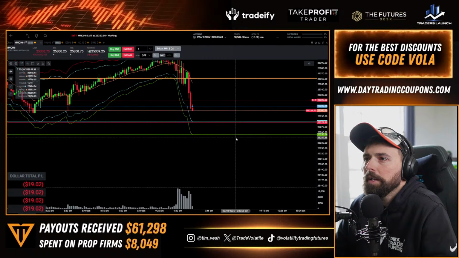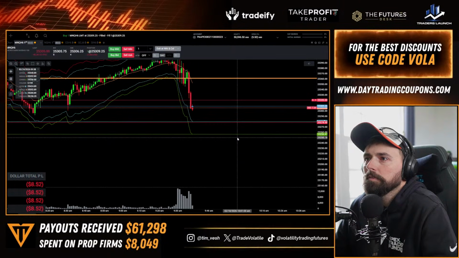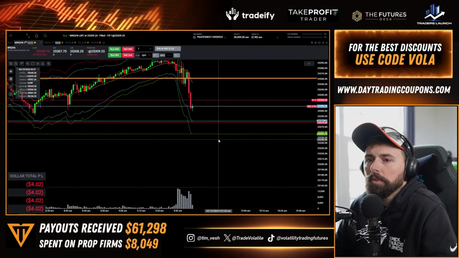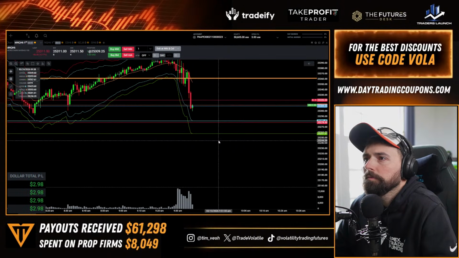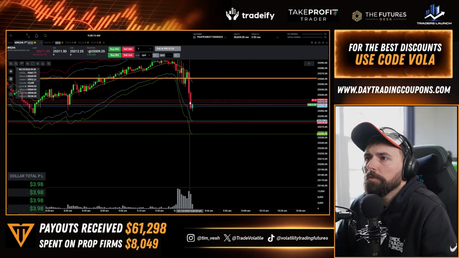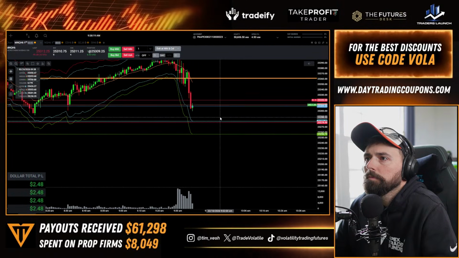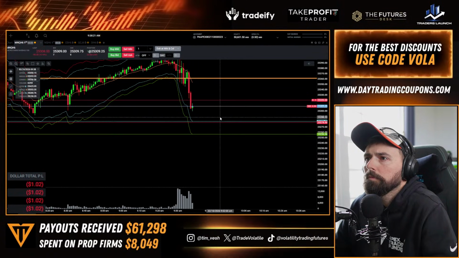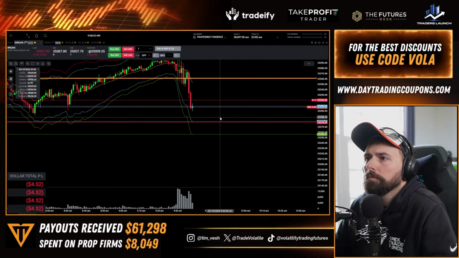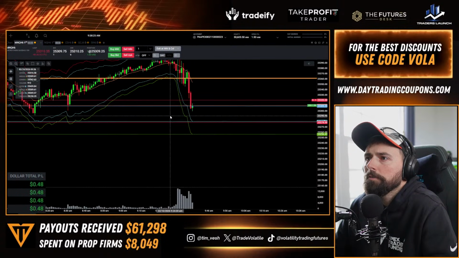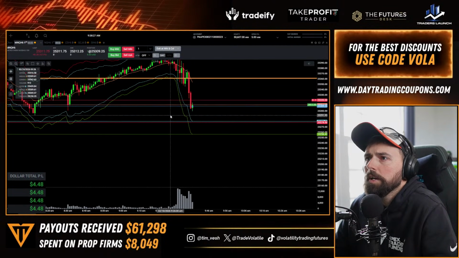Stupid new candle, I needed the audible sound. Hopefully that don't bite me. Be fine. Going for previous candle here. Looking left, there's this key area right here at 290.